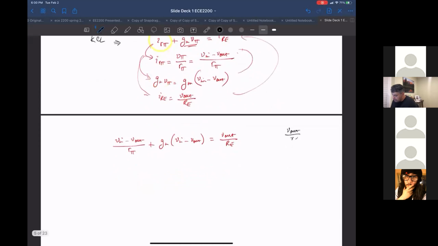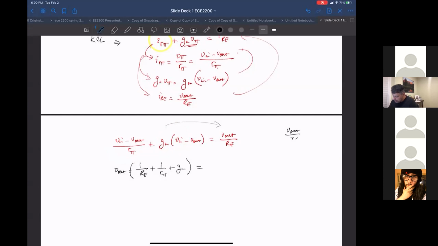If I put everything that has v_out on this side, we have 1 over R_E, plus 1 over R_π, plus g_m, which becomes positive once it moves to the other side.